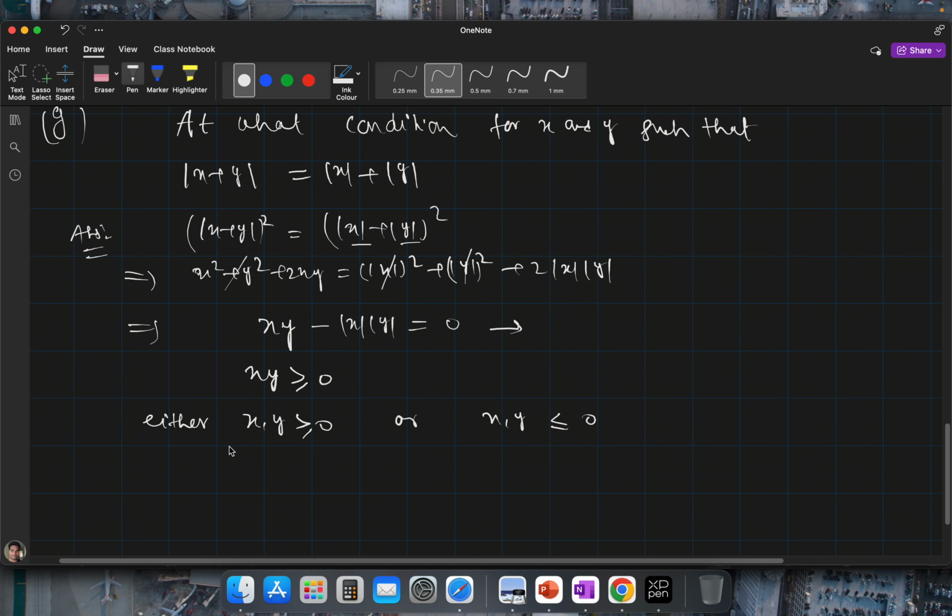If both are positive, then this equation will be satisfied. If both are negative, then this will be satisfied. But suppose x is positive and y is negative, then this equation will not be satisfied. Okay, so this is the solution. It's fine. Tell me.